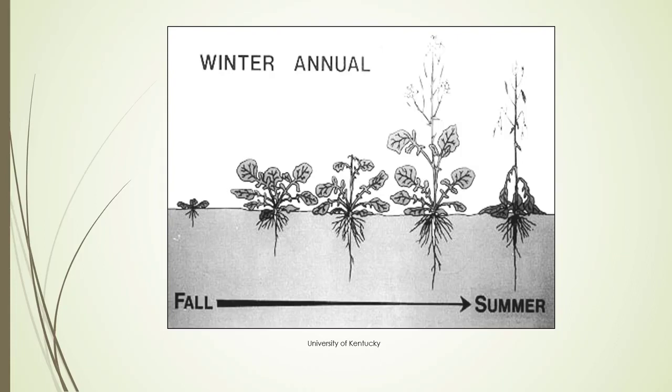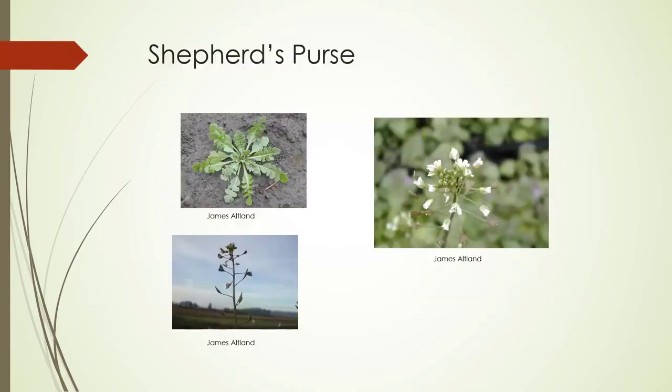They'll continue to hang out until it starts to warm up, and then they'll start flowering, and it happens very, very quickly, and then they go to seed really quickly before you even know it. You start trying to pull them and they're shooting seeds everywhere. Shepherd's purse is an example of a winter annual.